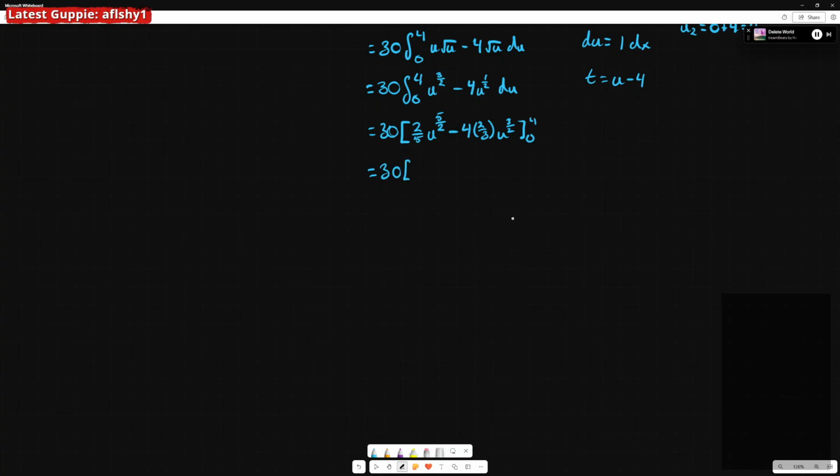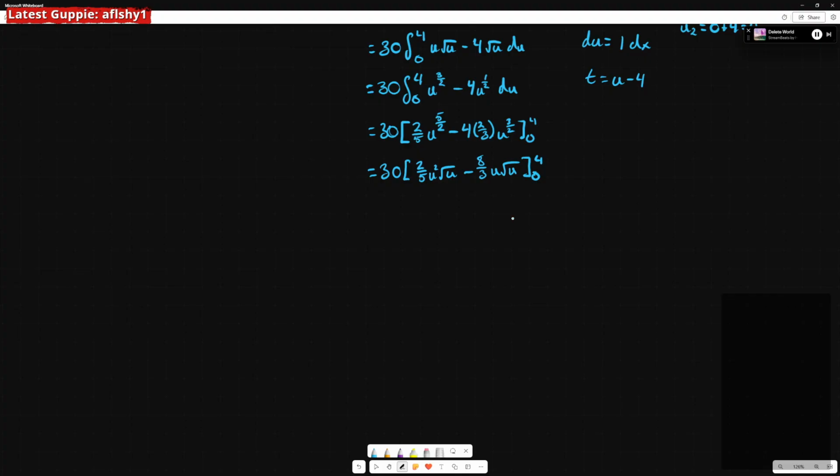Which I can simplify this with two-fifths of u squared times the square root of u minus, let's see, 8 over 3 of u times the square root of u from 0 to 4.